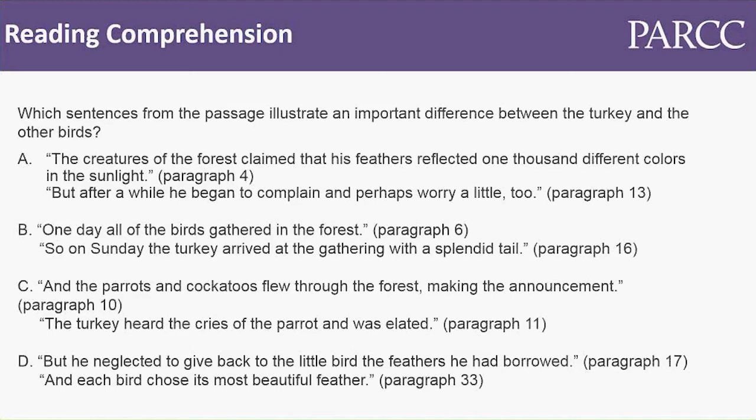Here in this item, the student has to first figure out what the characterization is of the turkey, what is the characterization of the other birds, and then what are the differences between those two characterizations, and then which sentence or sentences best expresses those differences. So you can see both accuracy and evidence are implicit in this item, and the student has to do what is a multi-step process to demonstrate their reading comprehension.